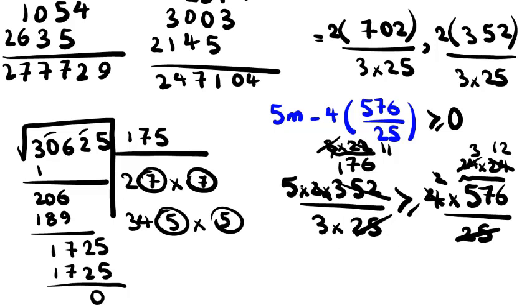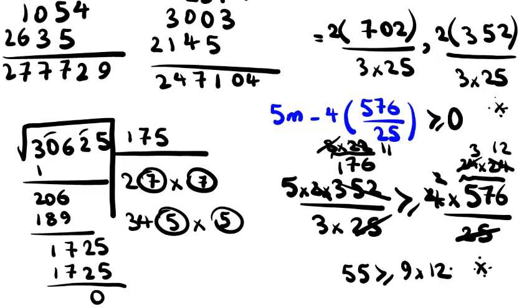So the left side will be what? 5 times 11, 55. And if we multiply both sides by 3, it will be 9 times 12. And it is obvious that it is a contradiction.